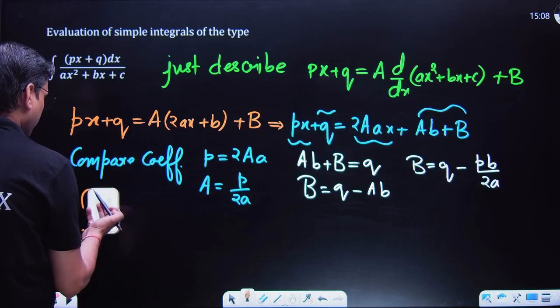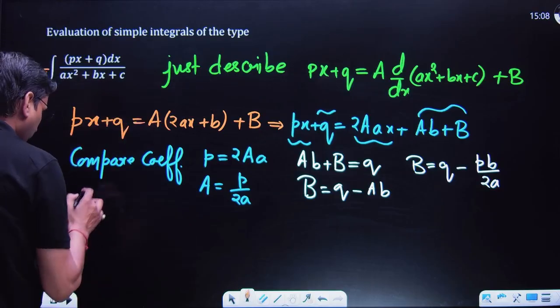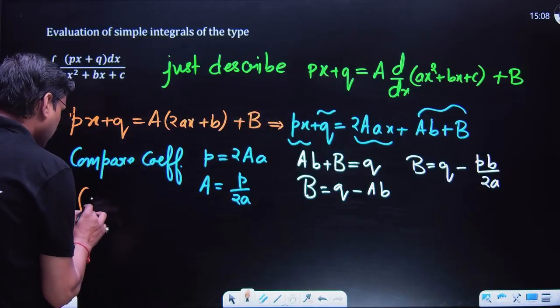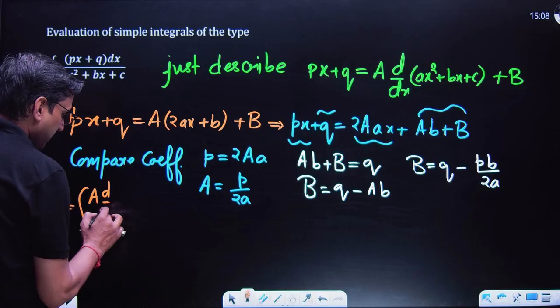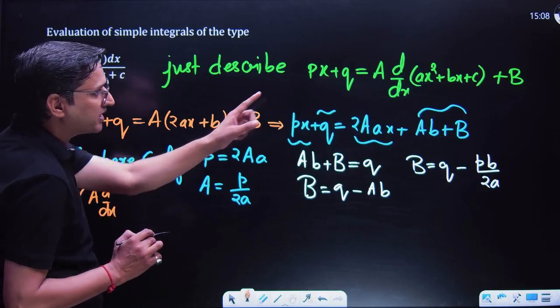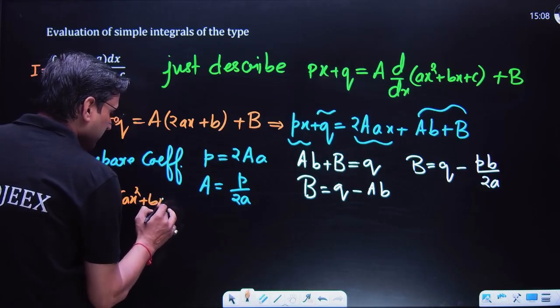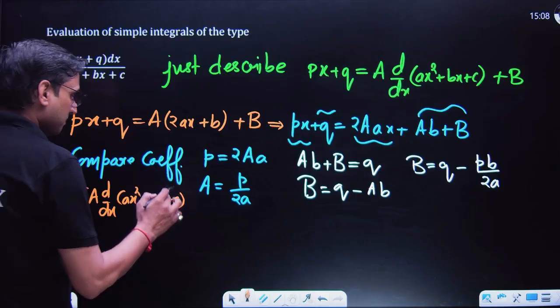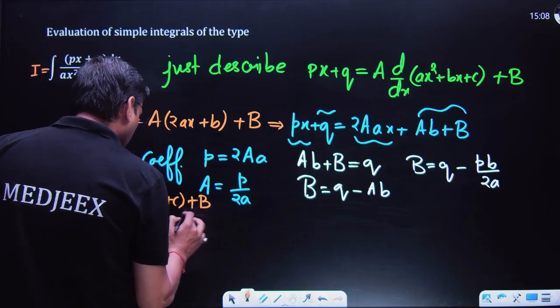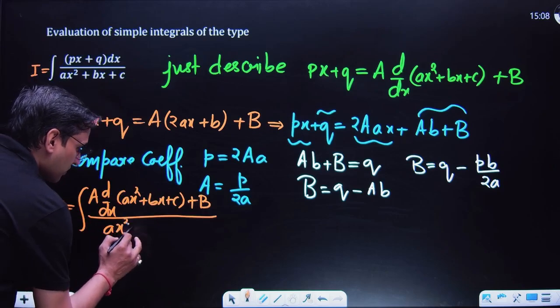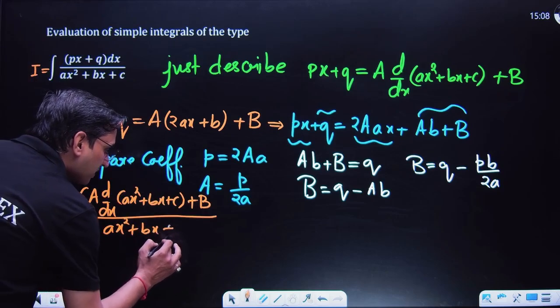Just mention like first this expression, then we will write a times d by dx of the differentiation of ax square plus bx plus c, plus capital B, whole divided by, dear students, I can write here ax square plus bx plus c.